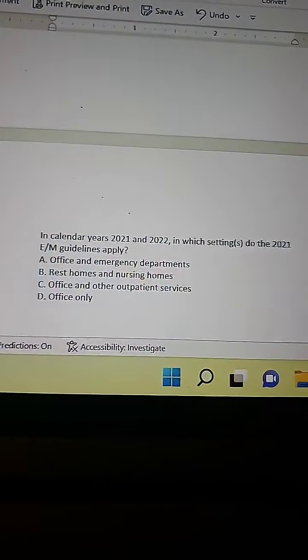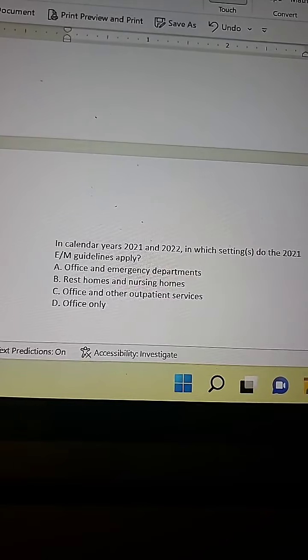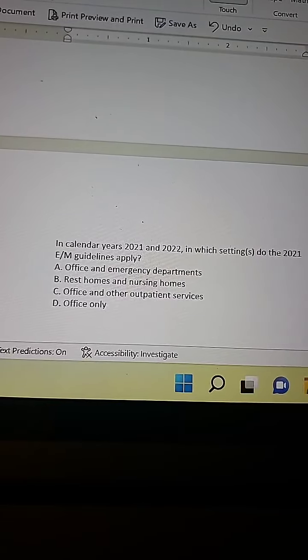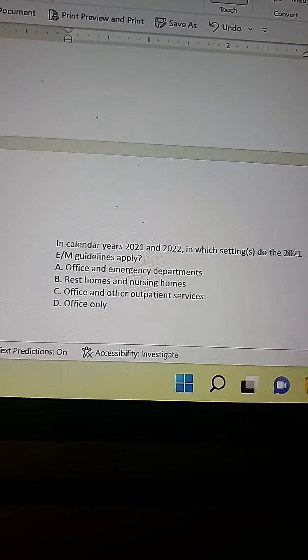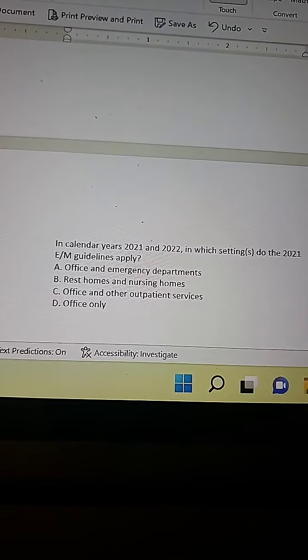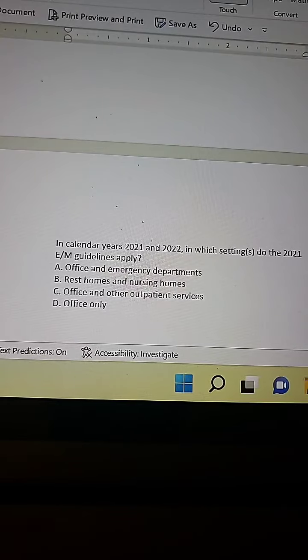Somebody said this question was on their exam this weekend. Or no, somebody said they were asked this question in a job interview, actually. Getting my conversations mixed up. At a job interview, they wanted to know the difference between the calendar years of 21 and 22.